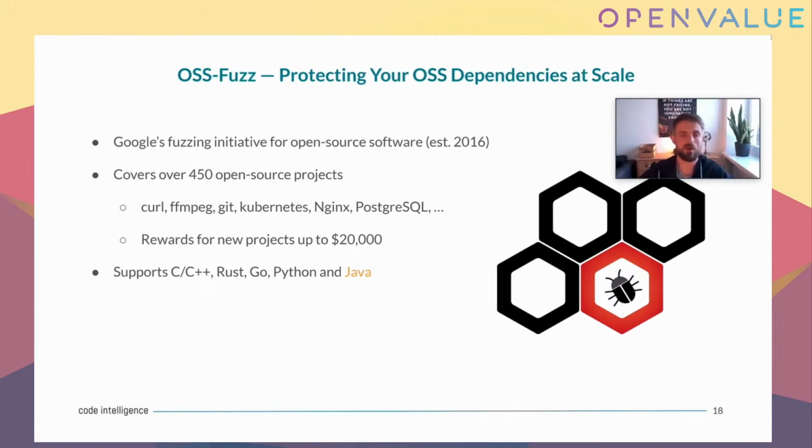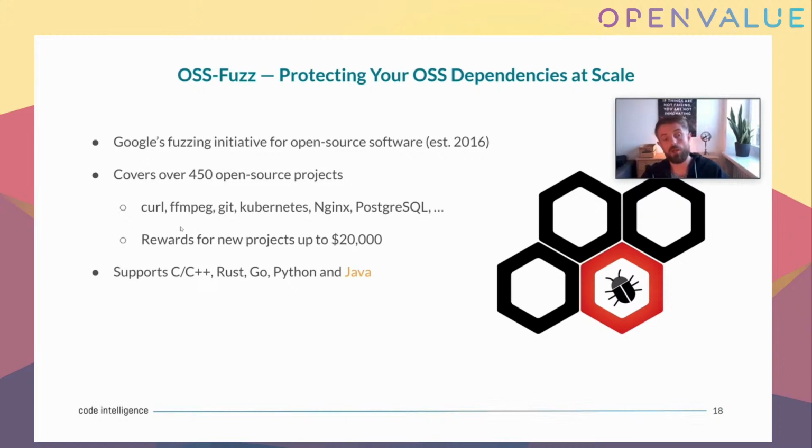They give thousands of CPUs for that, so that you can do it effectively. There are already more than 450 different open source projects on board, like curl, FFmpeg, Git, Kubernetes, and so on.